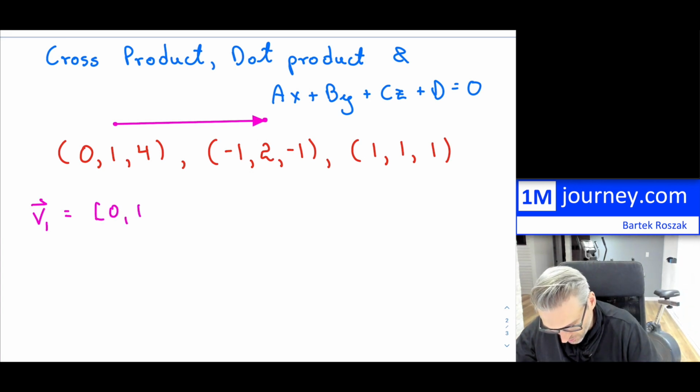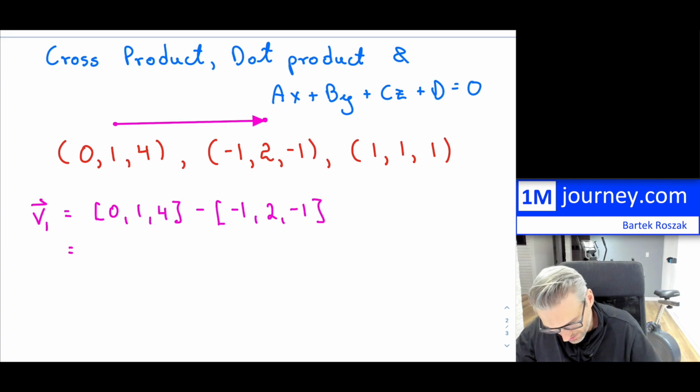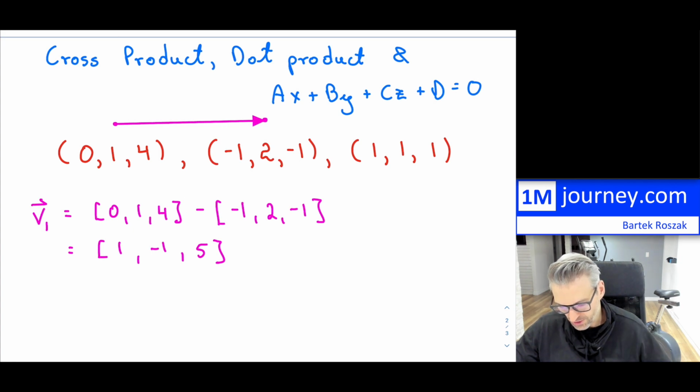So let's say (0, 1, 4) minus, and then this is going to be my other vector, which I turn the point into a vector. And so from here, this is going to be one of them. So I guess this is going to be 1. 1 minus 2, so that's negative 1, and then 4 minus, so that's a plus, so that's going to be 5. So I have one vector.